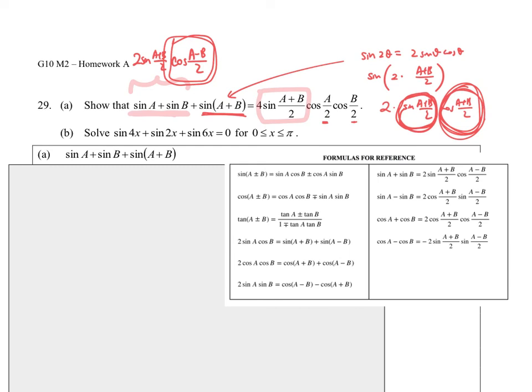For part B, this is a very standard way of asking in part B, because you can use the result of part A. Part A is already an identity that you may use for whatever A and whatever B. And quite obviously you can plug in A as 4x, B as 2x, and A plus B becomes 6x. It is actually quite obvious.